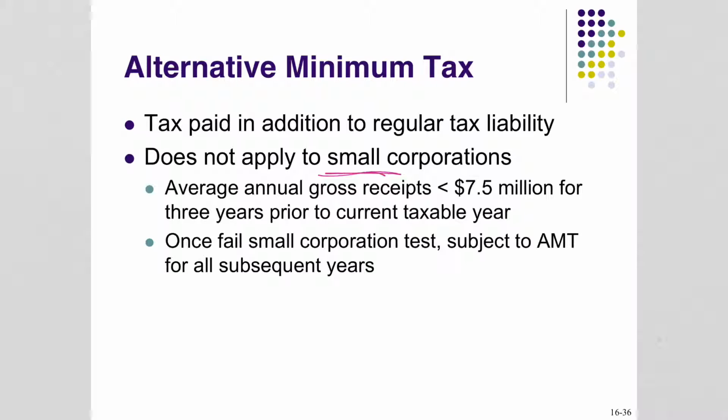Number 2, it's usually calculated by most software systems. And number 3, most of us in this classroom will not be dealing with C corporations on a day-to-day basis, and those of you who do will get involved in the alternative minimum tax at that time. It's also rather complicated, and so for those reasons we're going to hold off doing that now.